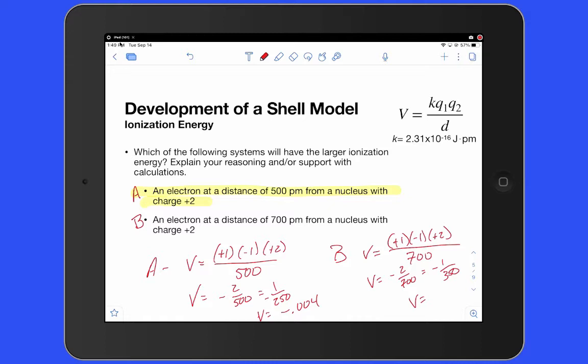What's 1 divided by 350? 3/8? 2/8. I'll just leave it at 2/8 because it gets the point across.